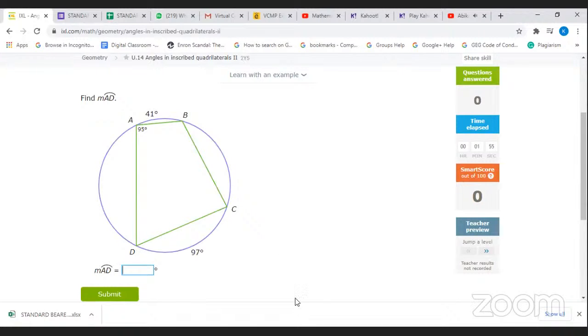Okay, let me annotate. I want to believe that what they are just trying to say is that we have an angle at the middle here. And that's the angle at the center.